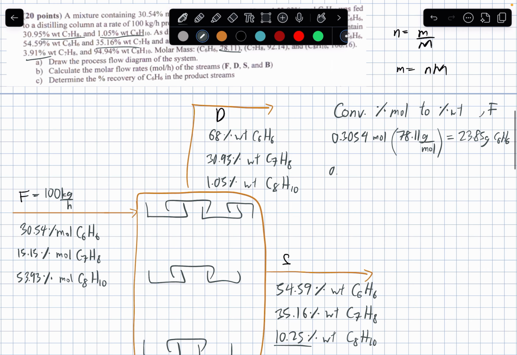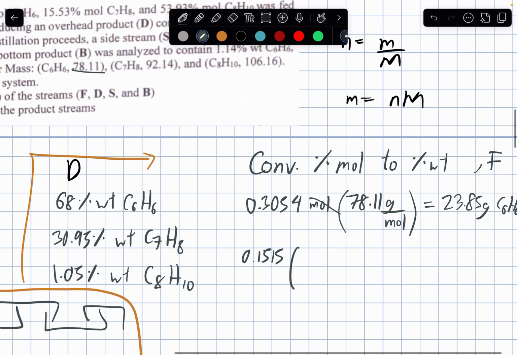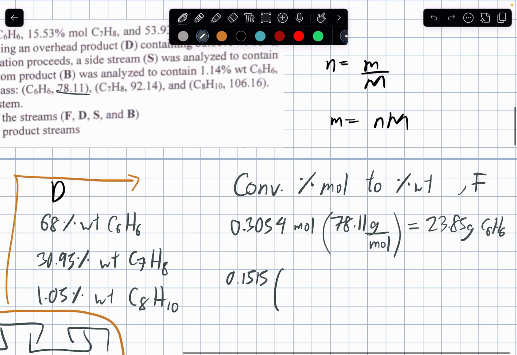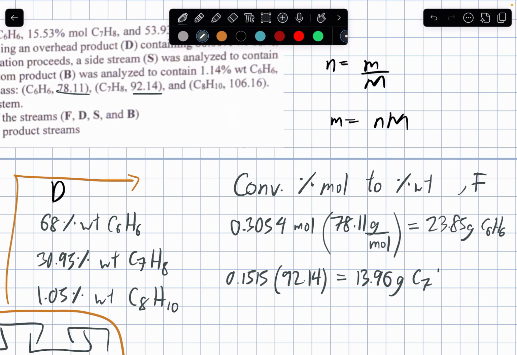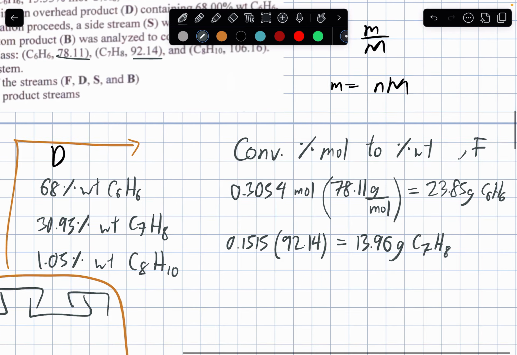And then next, 0.1515. Let's not write the units anymore. It's already understood that mole will cancel, grams will be left. So 0.1515 times 92.14 is 13.96 grams of C7H8.